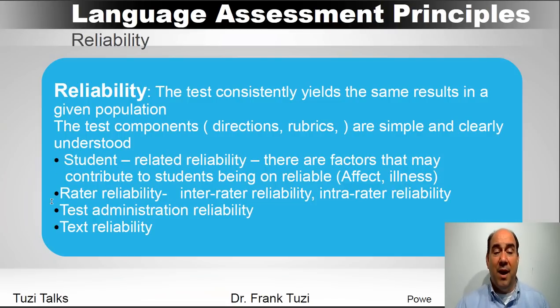Another variable could be rater reliability. And when I talk about rater reliability, these are people who are going to take the assessment and rate it, evaluate it. Are these people who are going to be rating this assessment tuned, synchronized to give the same type of score?